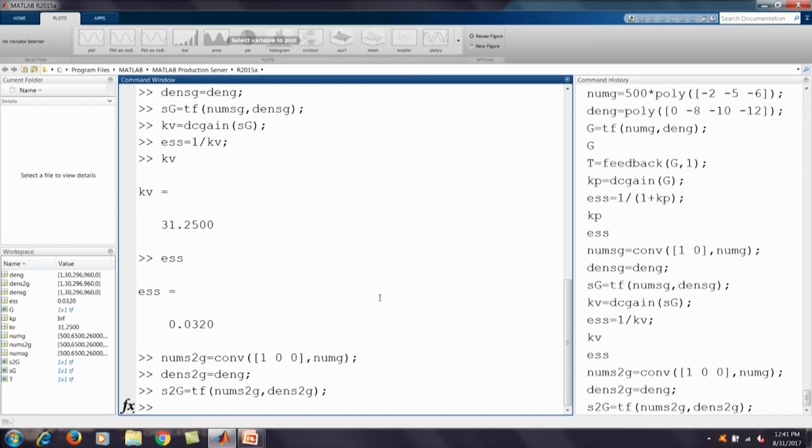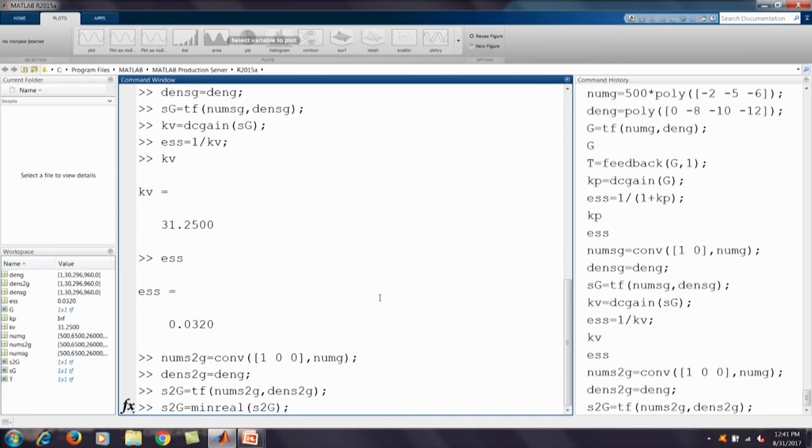Here we can also use one more command, s2G equals minreal of s2G, which we forgot to use in the last part. The minreal command cancels common terms in the numerator and denominator.